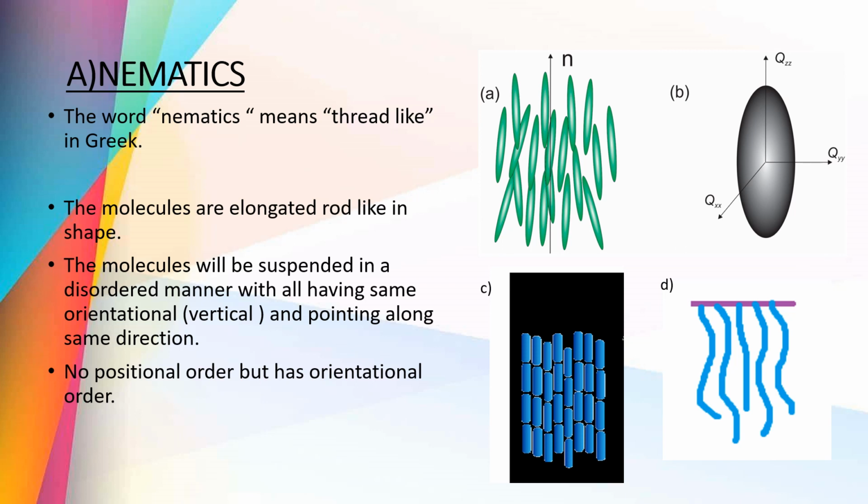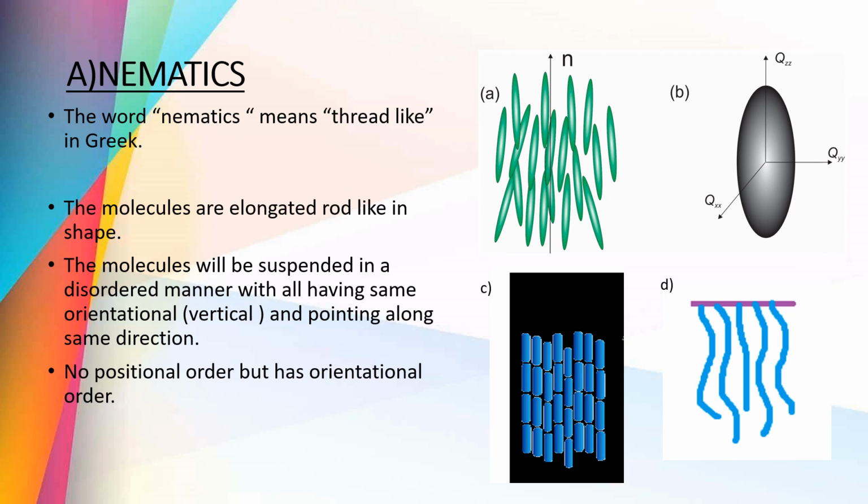The word nematic means thread-like in Greek. The molecules as shown in the figure are elongated, rod-like in shape. The molecules will be suspended in a disordered manner, all having the same orientation, that is vertical, and pointing along the same direction. When I say it is disordered, it doesn't mean that the molecules are not aligned at all.